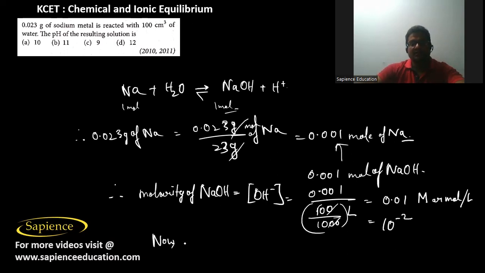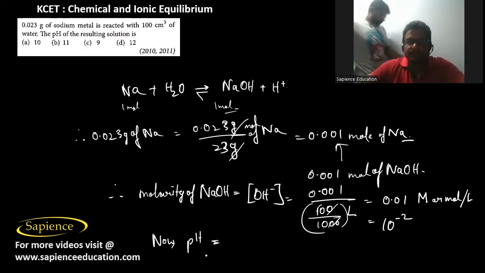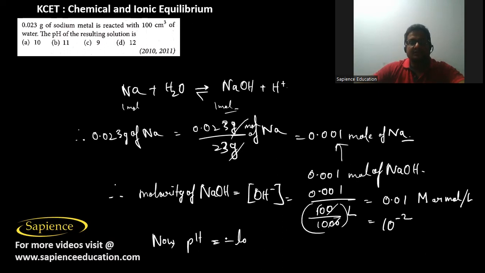Now the pH of the resulting solution. From here we can find pOH first. pOH is minus log of concentration of hydroxide ion, that is minus log of 10 power minus 2, so that is equal to 2.